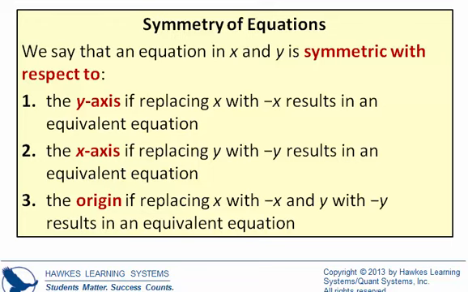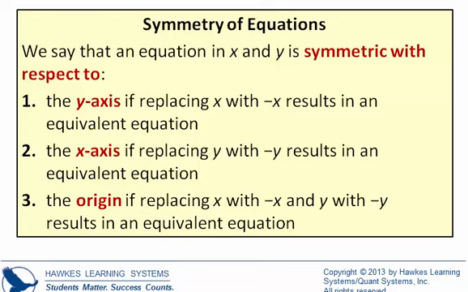This slide shows a summary of the three types of symmetry that can be present with equations. We say that an equation in x and y is symmetric with respect to the y-axis if replacing x with negative x results in an equivalent expression.